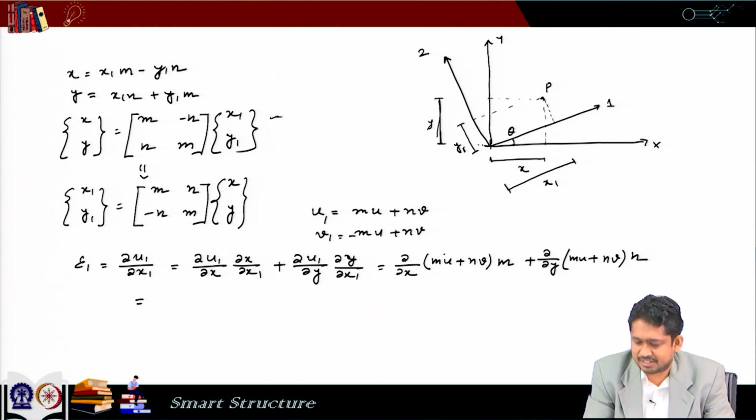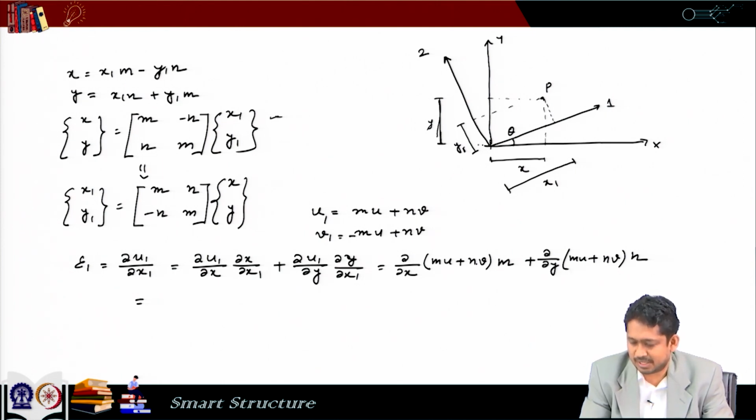Now, if we differentiate this mu with respect to x, we have m multiplied by del u by del x and we know that del u by del x is epsilon x. Similarly, here we have n multiplied by del v by del y and we know that del v by del y is epsilon y. So, del u by del x is epsilon x and del v by del y is epsilon y.